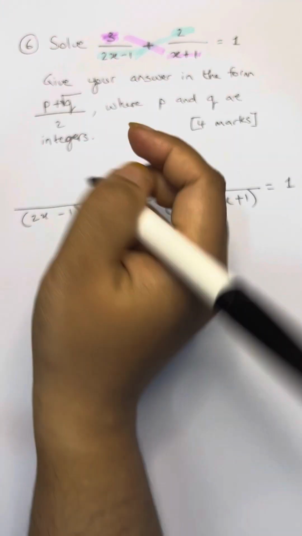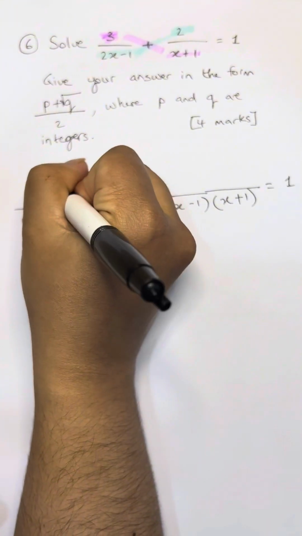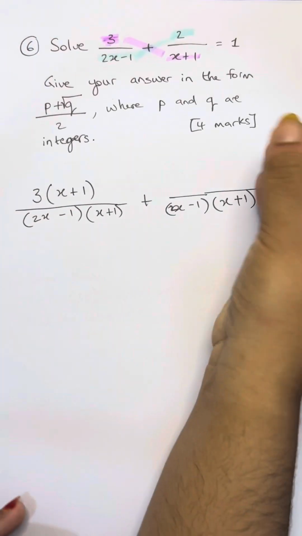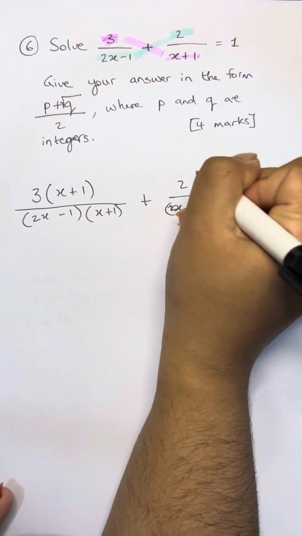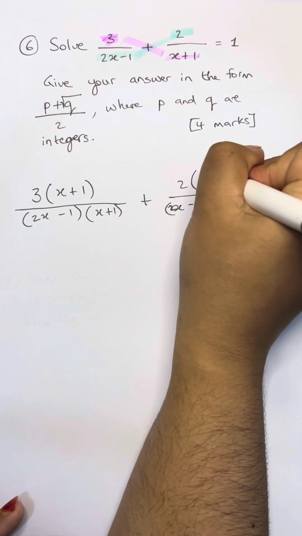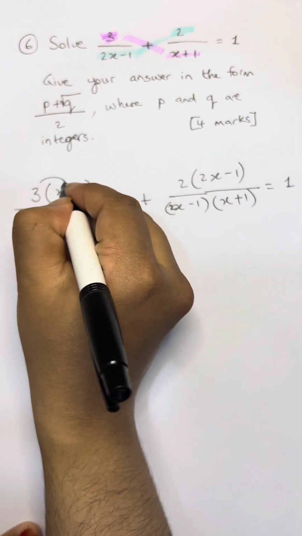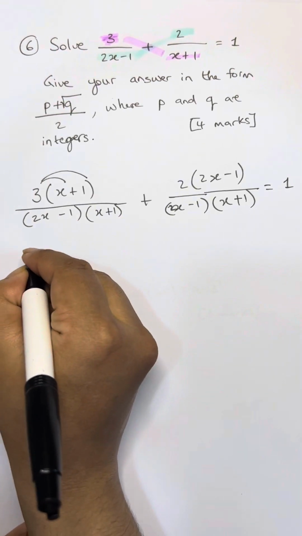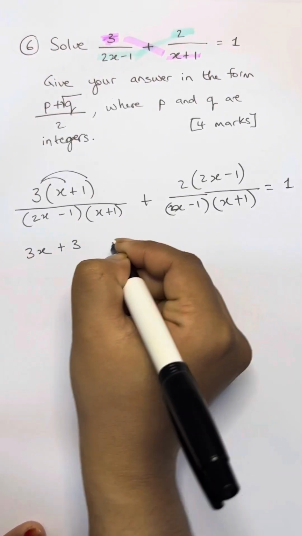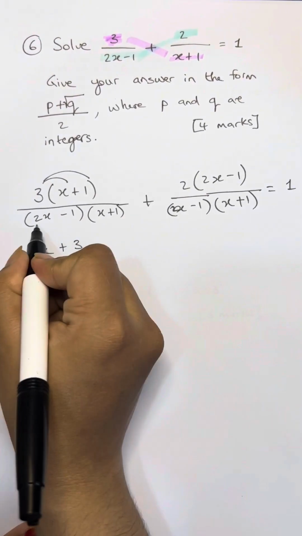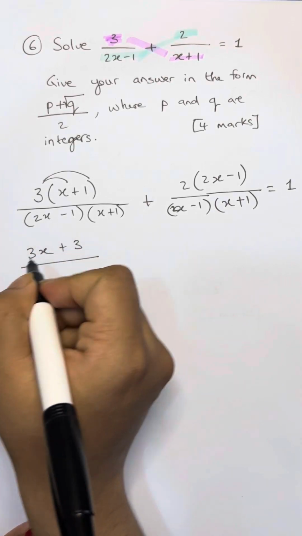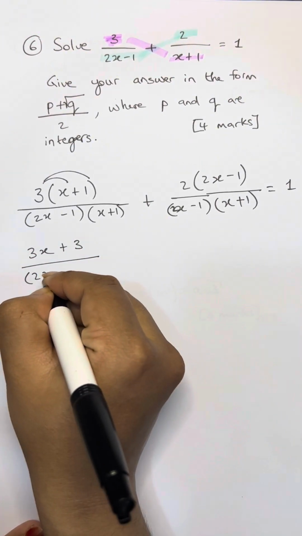So the 3 is going to cross multiply x plus 1, and then the 2 here is going to cross multiply the 2x minus 1. Let's expand the brackets on the numerators. So it's going to be 3x plus 3, and then over. Let's keep the denominators without the expansion for now.